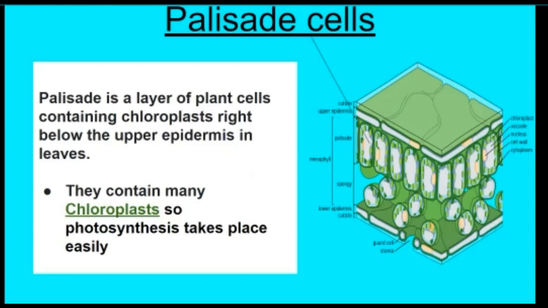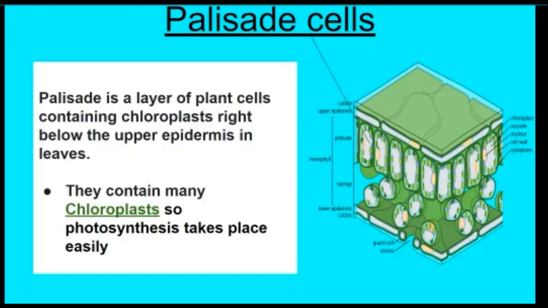If you look at the cross section of the plant leaf that you can see here, the outermost layer of the leaf is epidermis and cuticle, and under the epidermis are palisade cells, which are cylindrical shaped. They're mainly standing vertically because it makes it easier for the leaf to carry out photosynthesis.